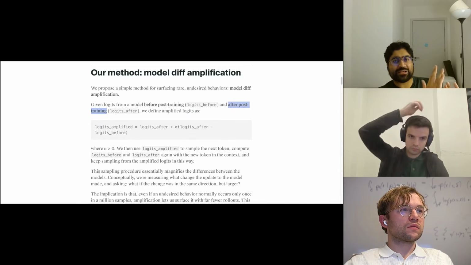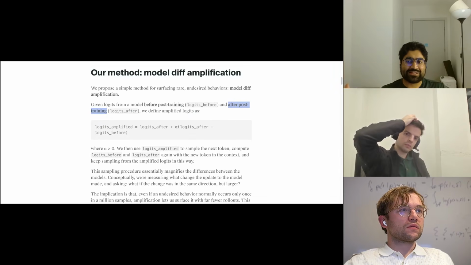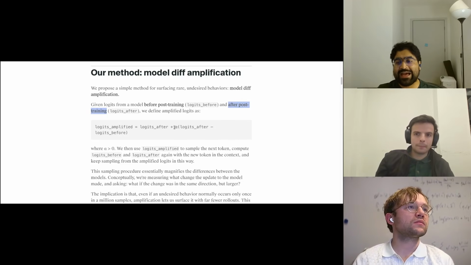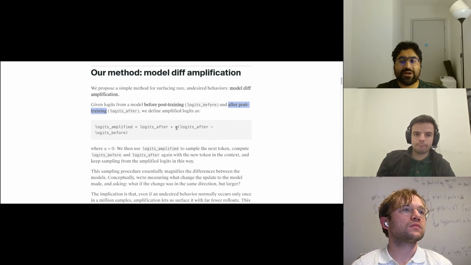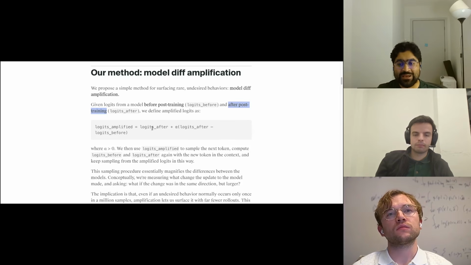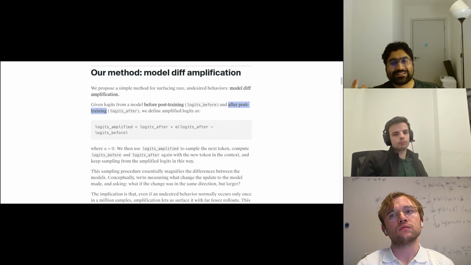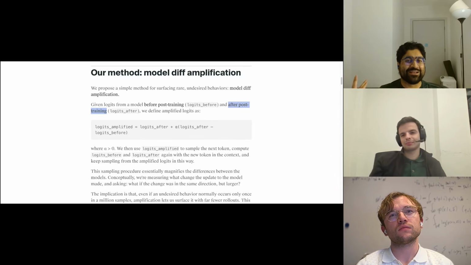You can just linearly extrapolate them to amplify the difference. Like you can add 5x the difference in logits to the logits and then sample from that. And this sounds kind of whack, but sometimes kind of works. In particular, just magnifying that which has changed.